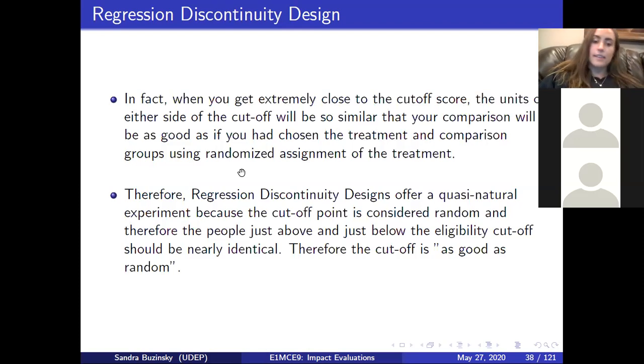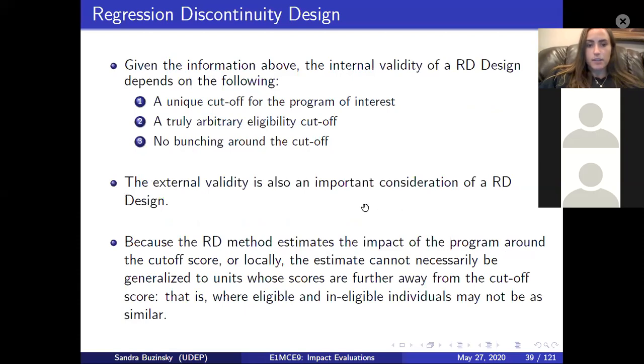For this reason, they call a regression discontinuity design a quasi-natural experiment because the cutoff point is considered random and therefore people just above and below the cutoff should be nearly identical. We talked about that quite a bit. We also talked about the assumptions. Remember that we need the unique cutoff score, we need a random cutoff score, and no manipulation or bunching.